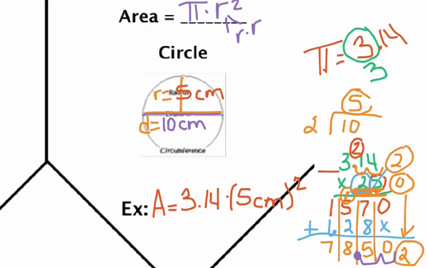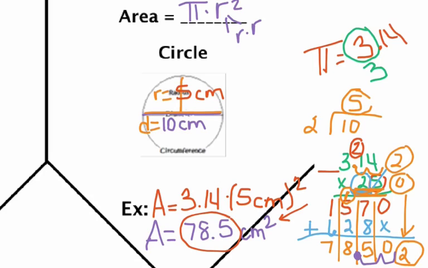So now I know the area of my circle is 78.5 or a half centimeters squared. I'm using an exponent of 2 because I'm finding area. I calculated by multiplying 2 dimensions or 2 measures.